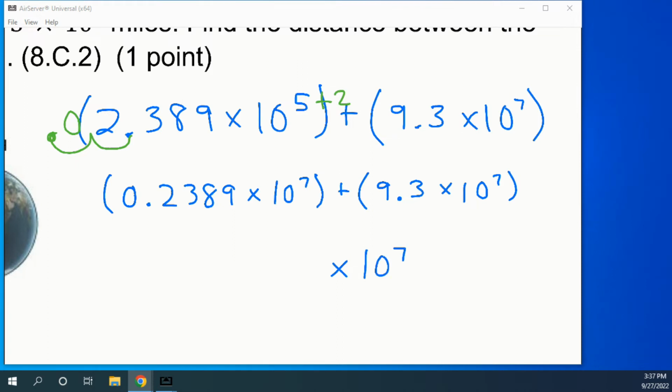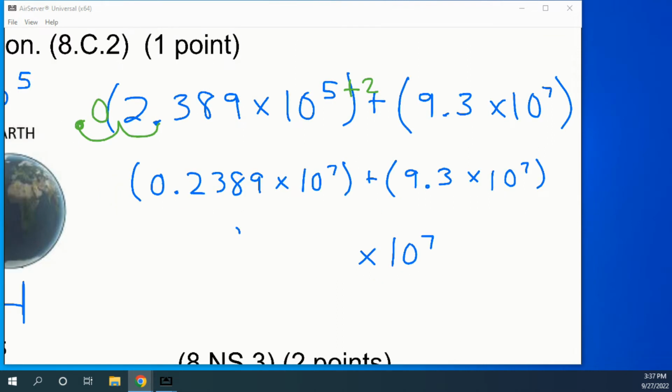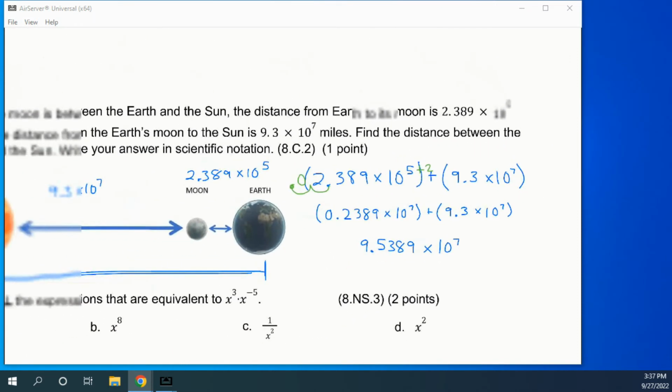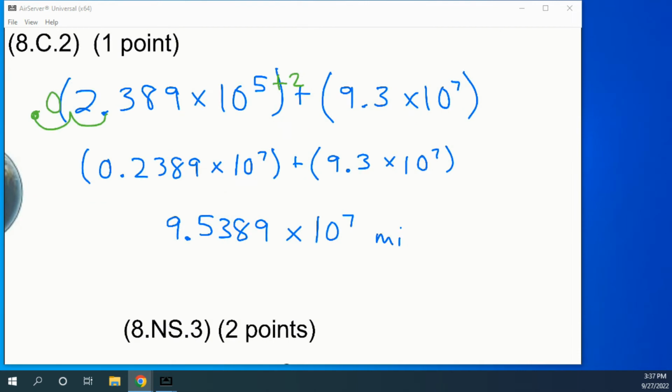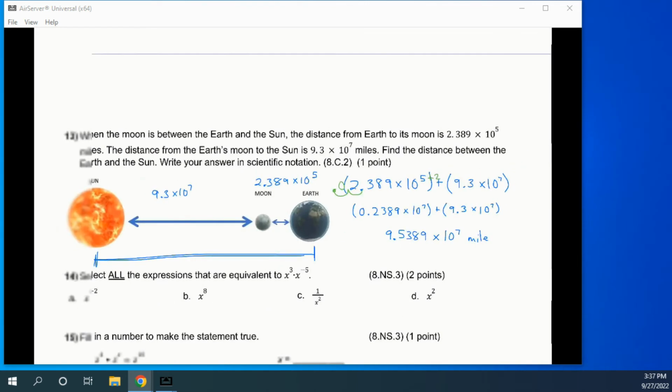So I'm going to take the 0.2389 plus 9.3 to get 9.5389, which does work. That is between 1 and 10, so that will work in scientific notation. It does say write your answer in scientific notation, so make sure that we are keeping track of that. This is in miles. It's a distance, so it's in miles. Labeling that is kind of nice as well.